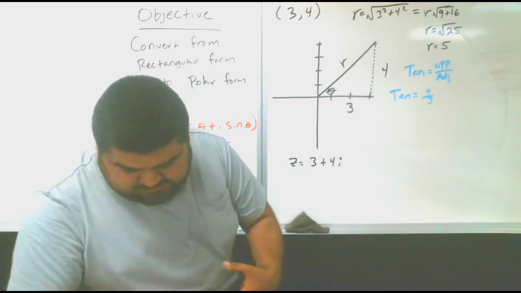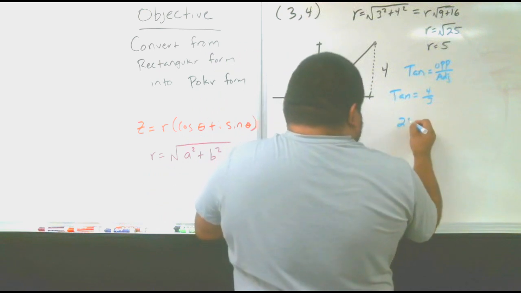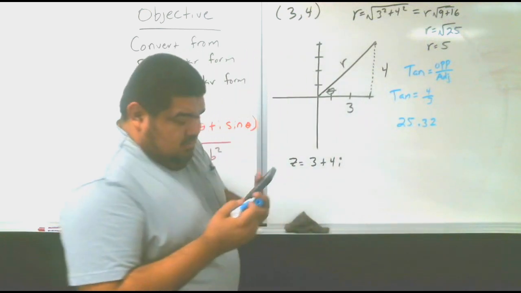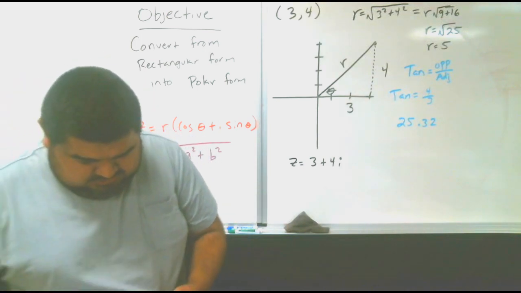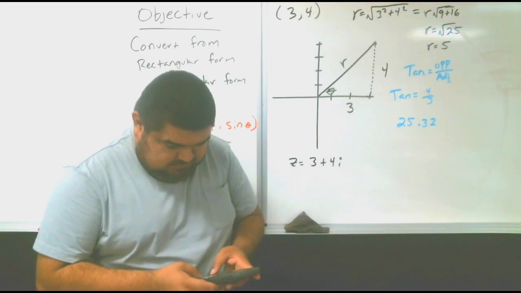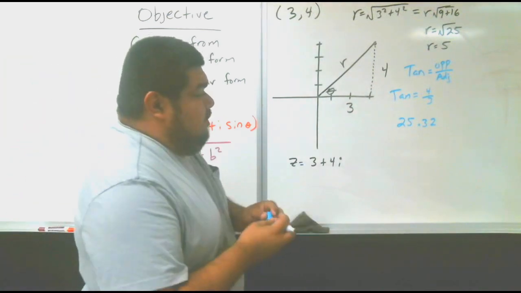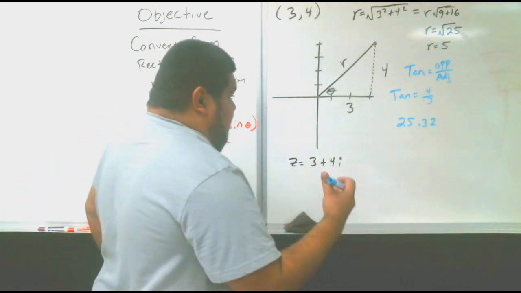We get approximately 25.32 degrees. Shift tangent, 4 divided by 3. Now that we have 25.32 as our number, we can plug it in.